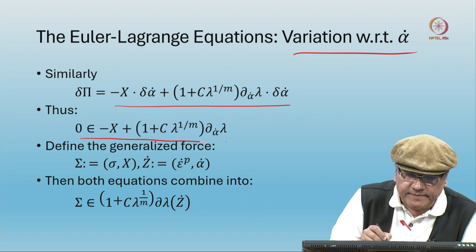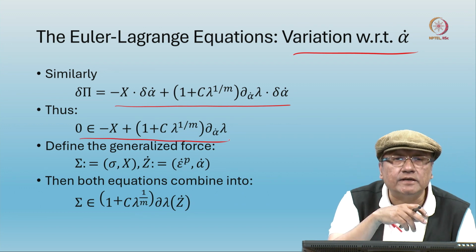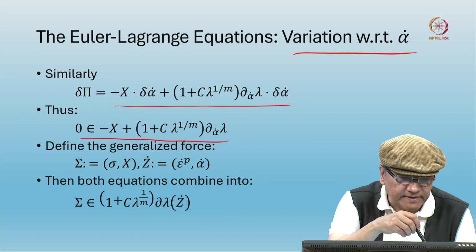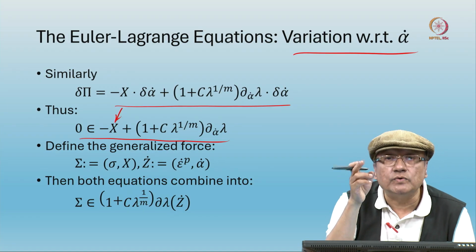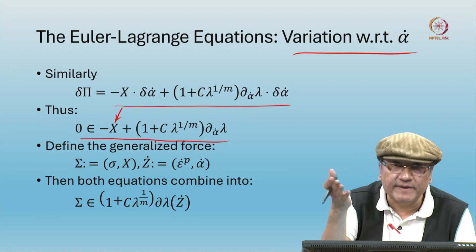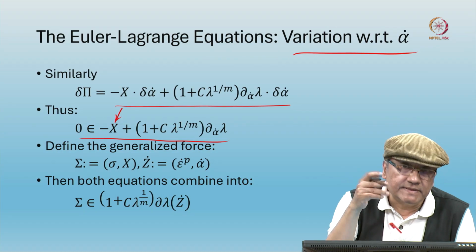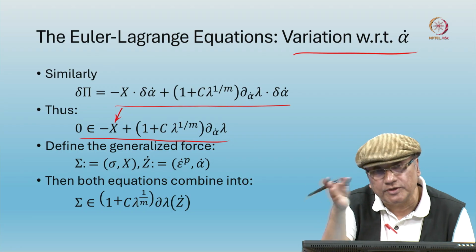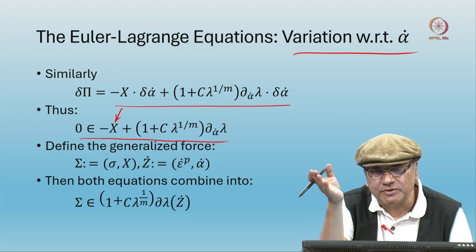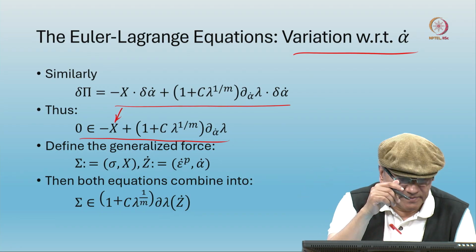And we have the same condition now, but instead of sigma we have the other thermodynamic force x coming in here. That is conjugate to alpha dot, which is what is expected. Earlier we took the variation with respect to epsilon p dot and sigma is thermodynamically conjugate to epsilon p dot, that is why sigma came there.